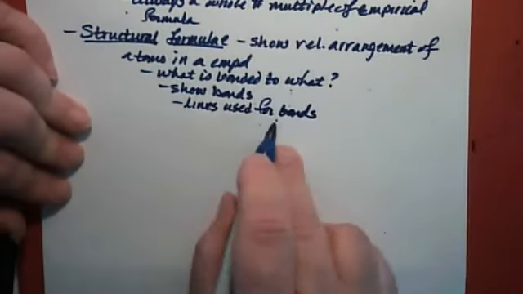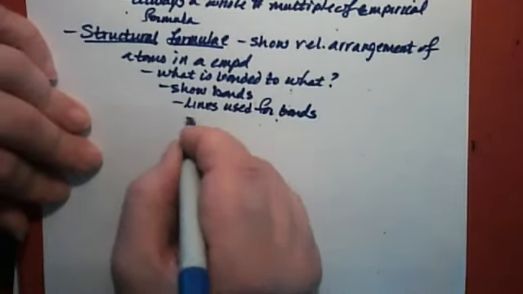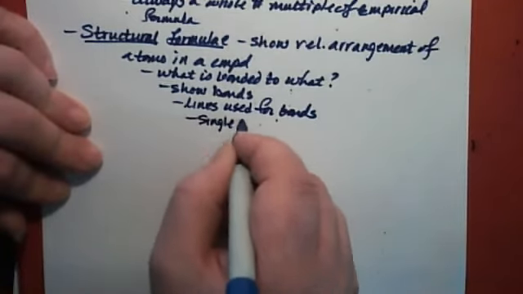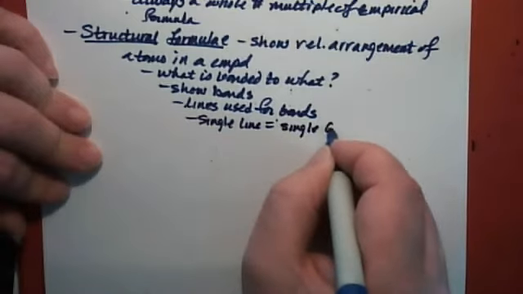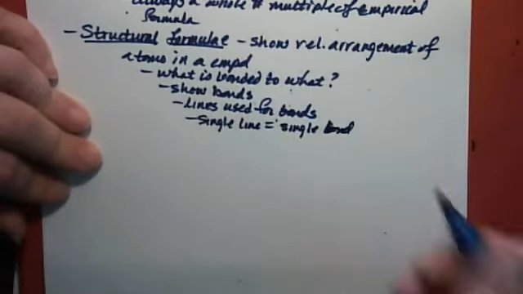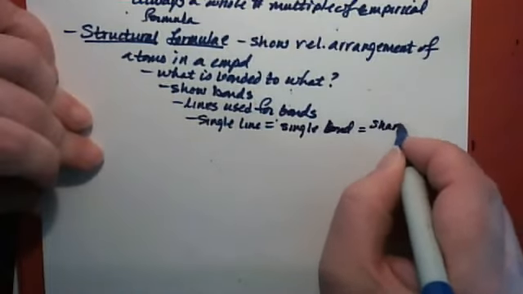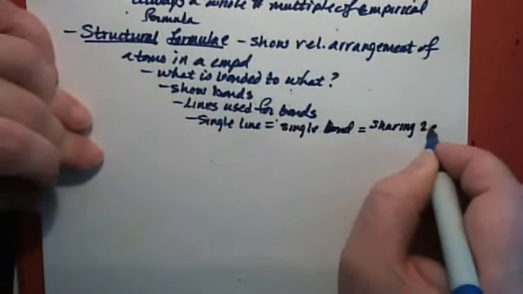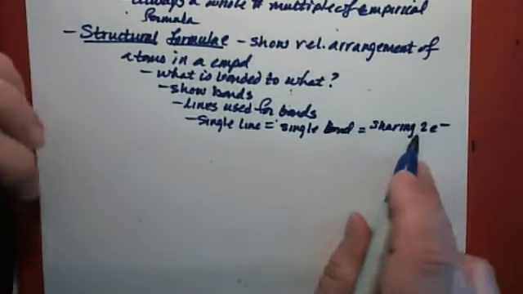And generally, structural formulas will use a line for each bond. A single line will represent a single bond. And a single bond just means that the atoms are sharing a pair of electrons.